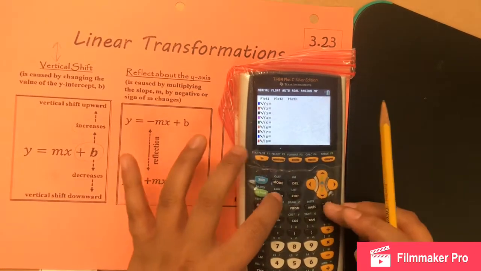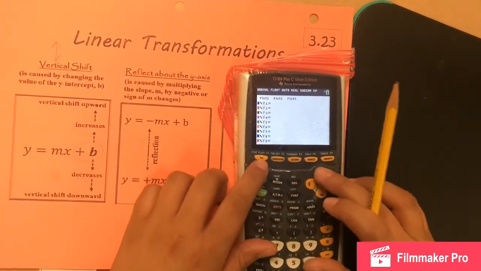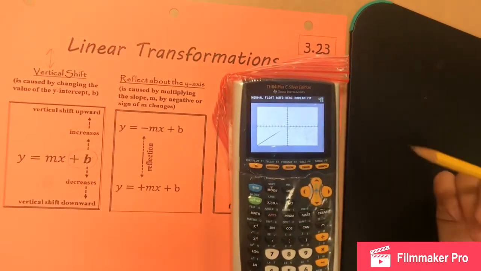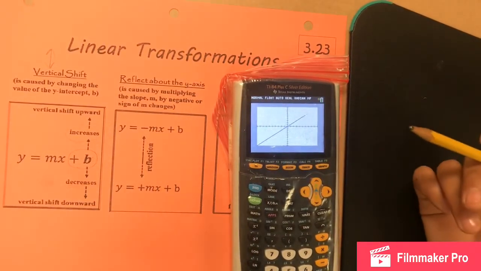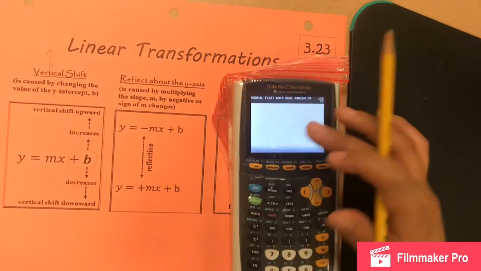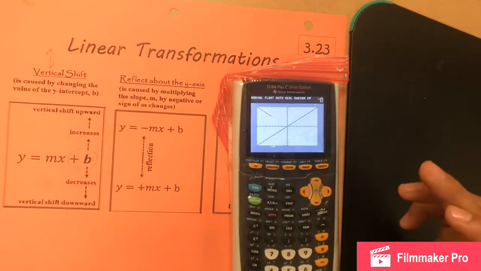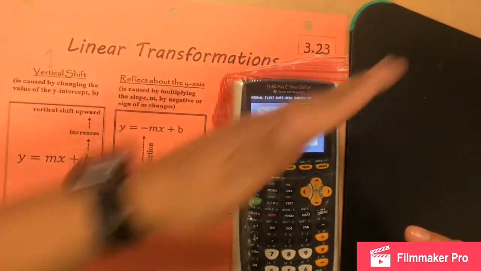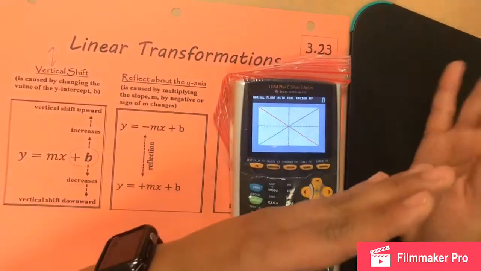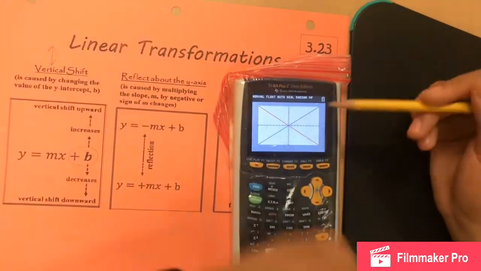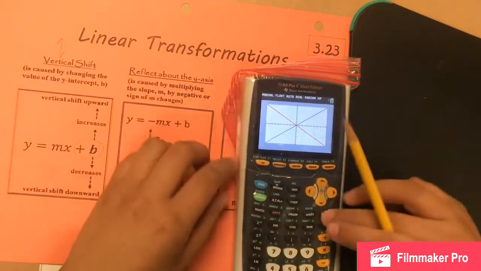So y equals x is just positive, so it's the same blue line. But if I were to change it to negative x, what happens with that is a reflection. It's no longer going positive direction, it's reflecting across the y-axis, which means it's going the negative direction. And that's what you get, a reflection.